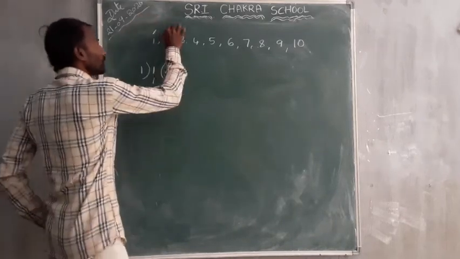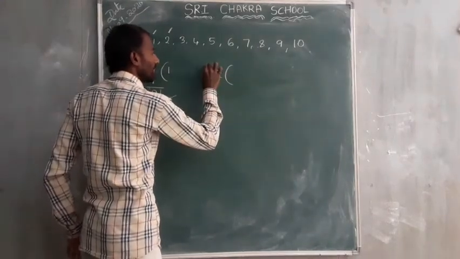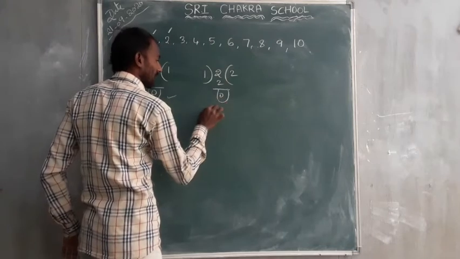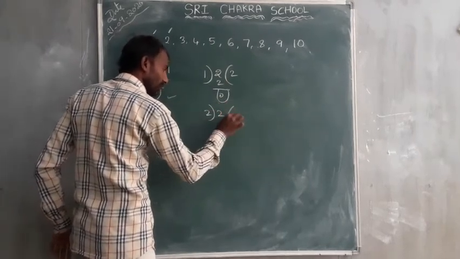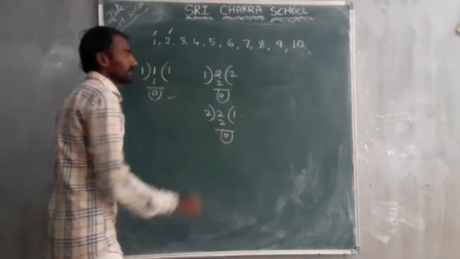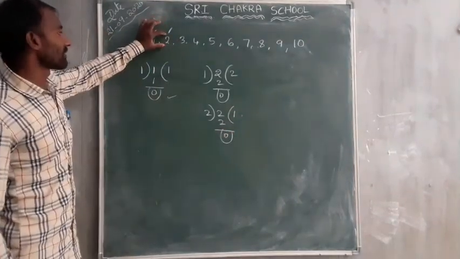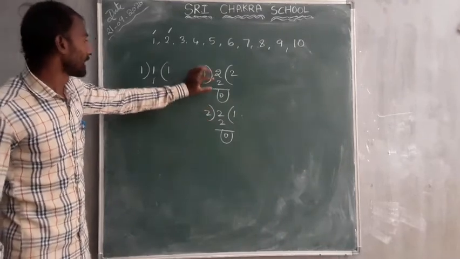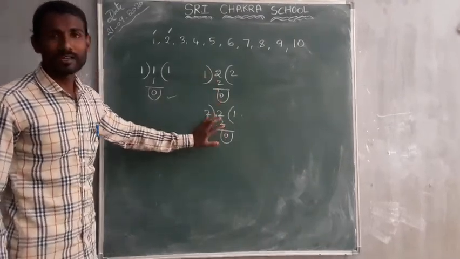Let us take 2. 2 is divided by 1. And also 2 is divided by 2. That means 2 is divided by 1 and 2 completely with the remainder 0. Understood?